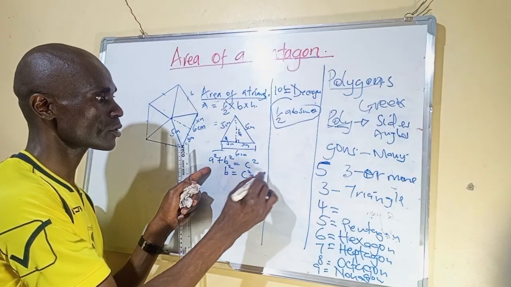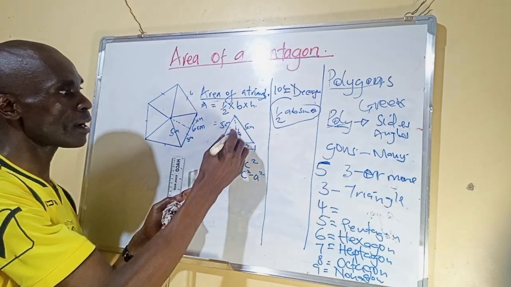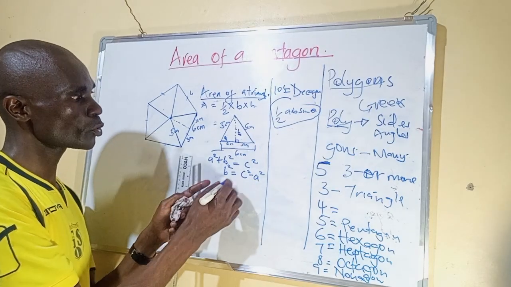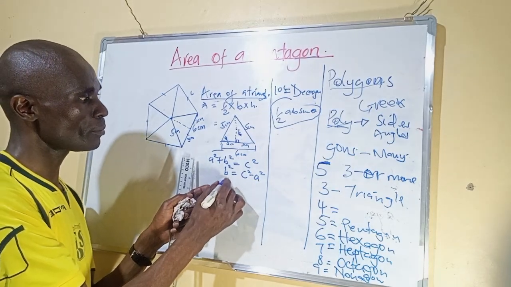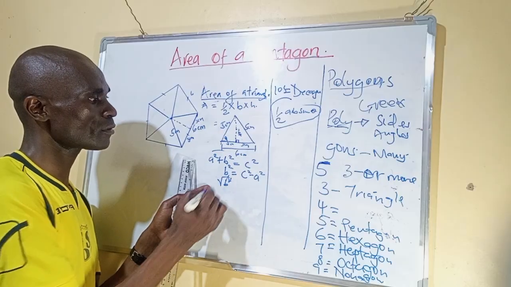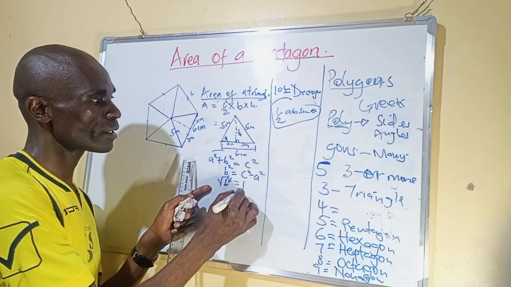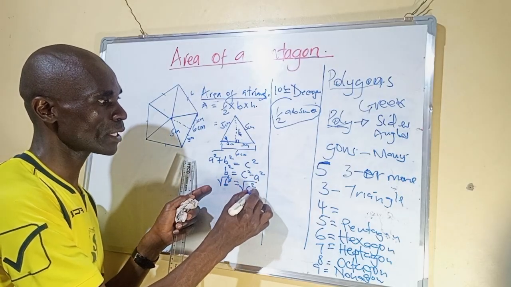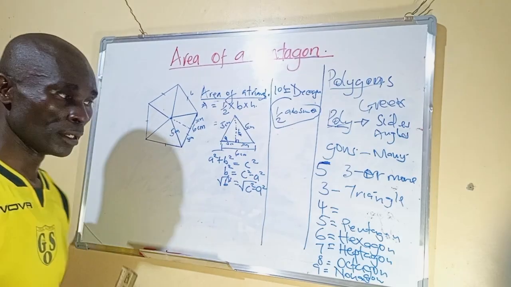Now, for us to get our B, we simply take the square root of both sides.